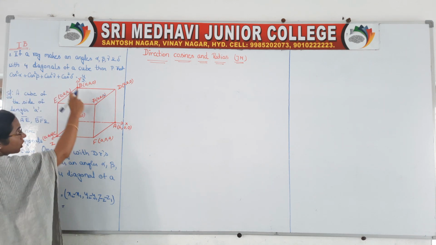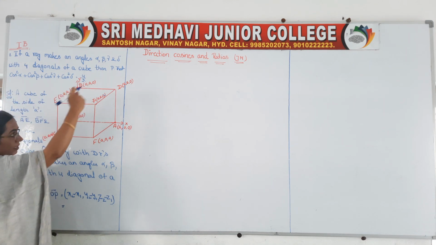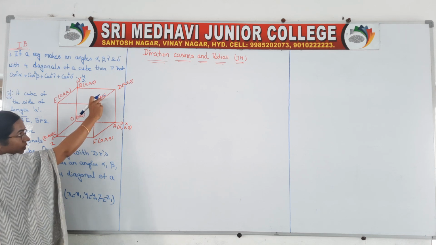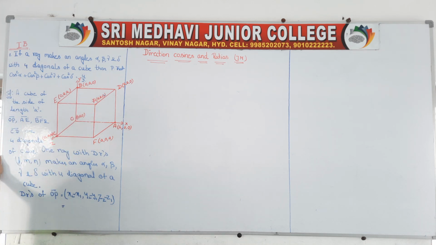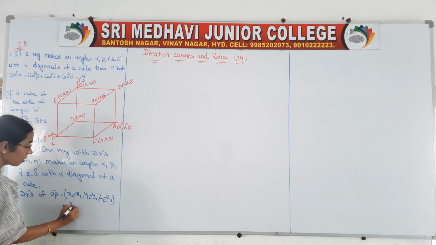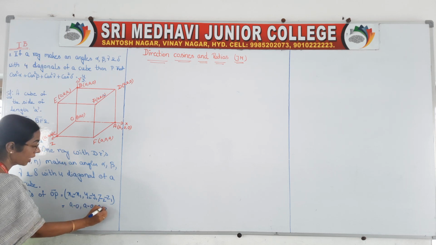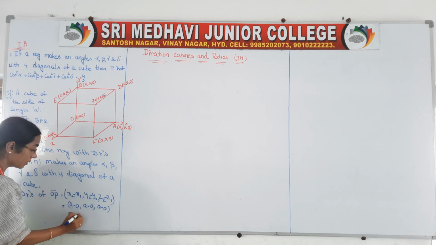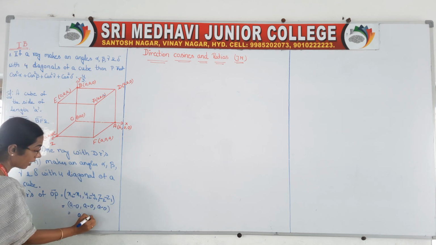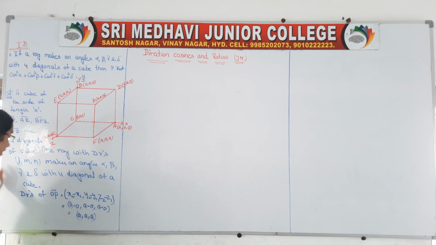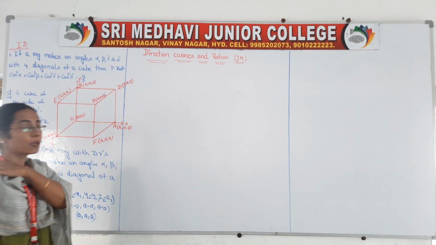P lies in all the x, y, z axis, that's why it contains all the coordinates A. Okay, so it is A minus 0, A minus 0, A minus 0, so is equal to A, A, A. These are the direction ratios of OP bar.